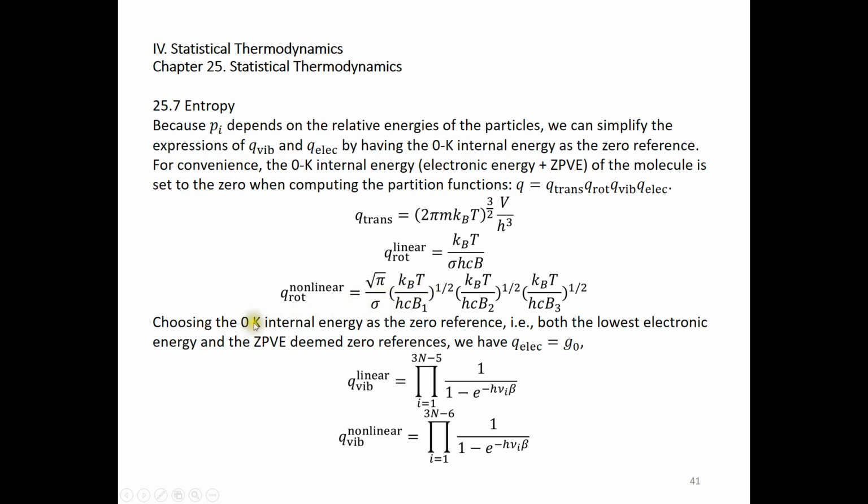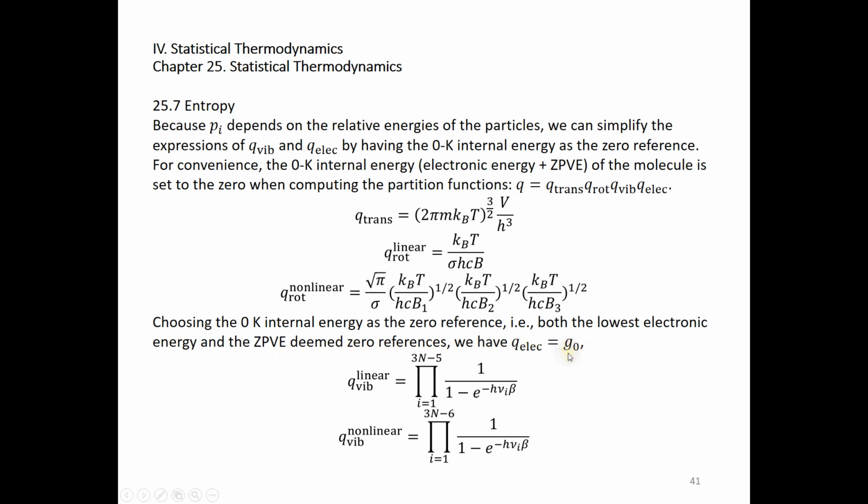Now let's choose the 0 K internal energy as the zero reference. More specifically, we're going to choose the lowest electronic energy as the zero reference. We're going to choose the zero-point vibrational energy as the zero reference, and therefore the electronic partition function is simply g sub 0.